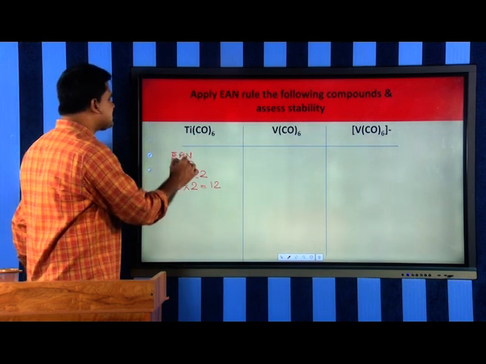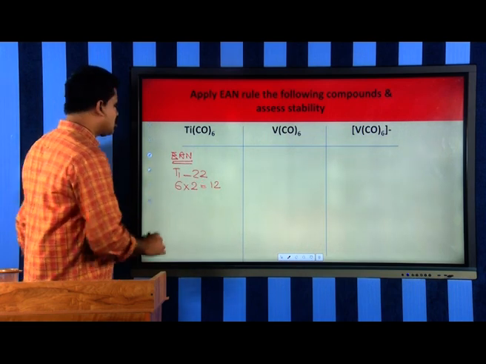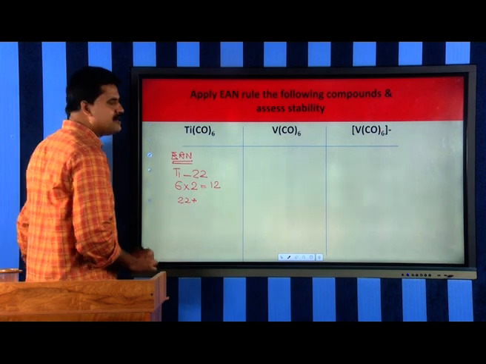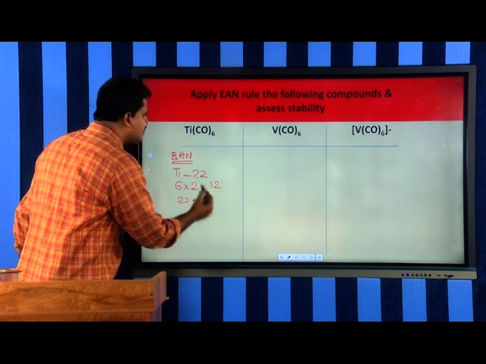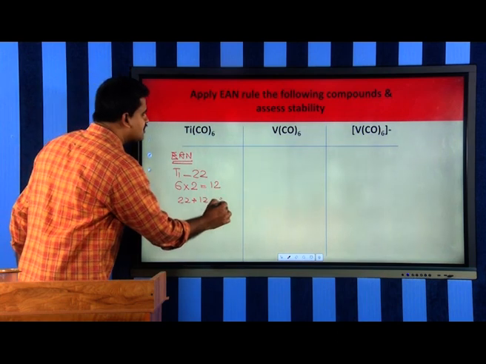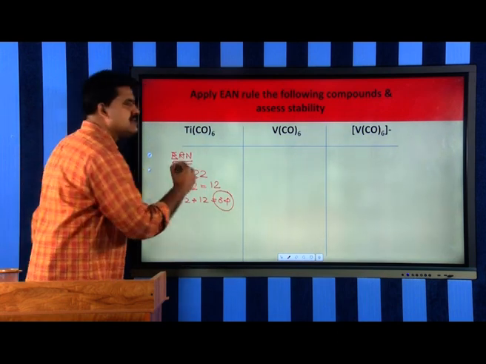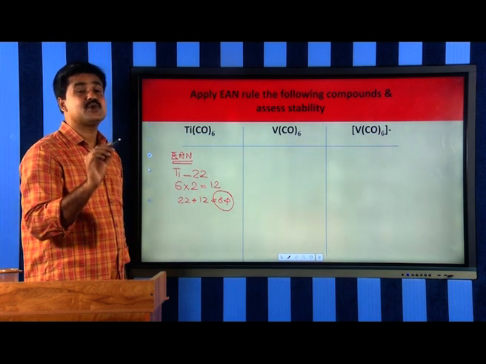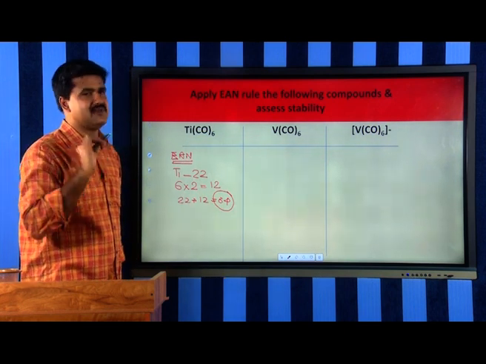So the effective atomic number will be equal to 22 electrons from titanium and 12 electrons from the ligands, that is equal to 34. And as per the EAN rule, the EAN must be equal to the atomic number of the nearest noble gas.